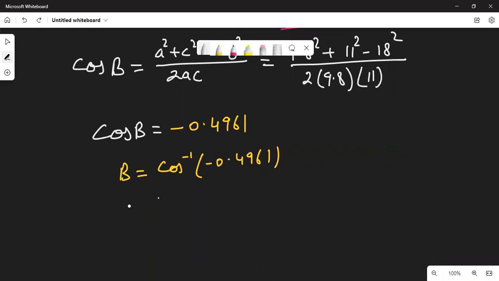Now the angle B would be then cos inverse this much, and this would be 119.74. So approximately 120 degree, you can say very close, 120. So you might get little less or more, which is perfectly fine.